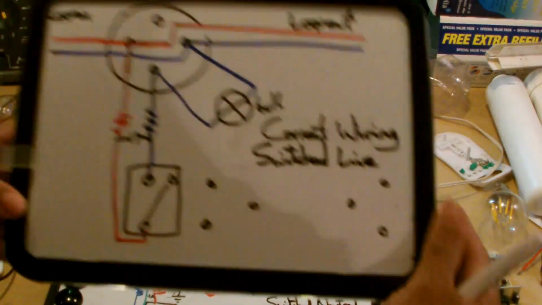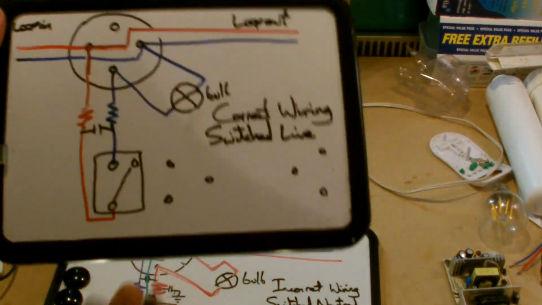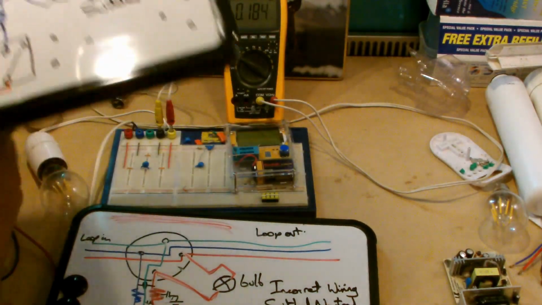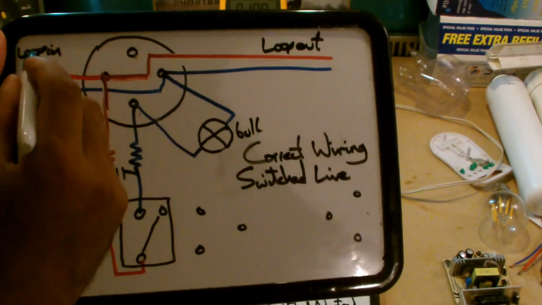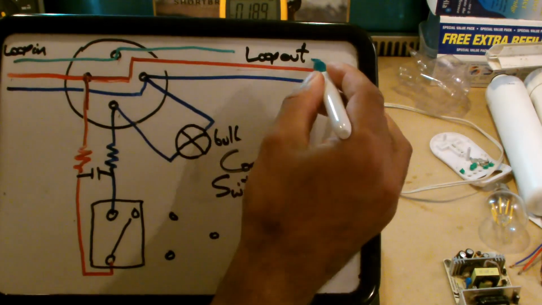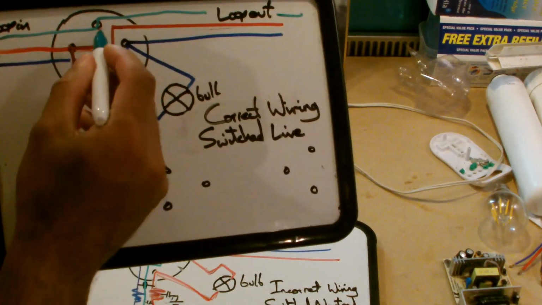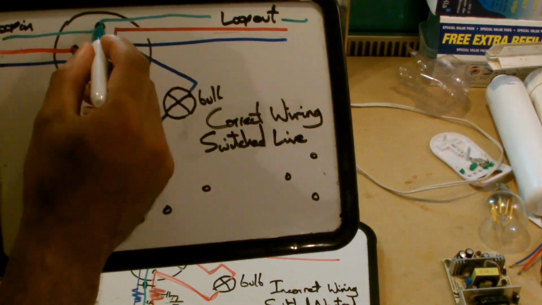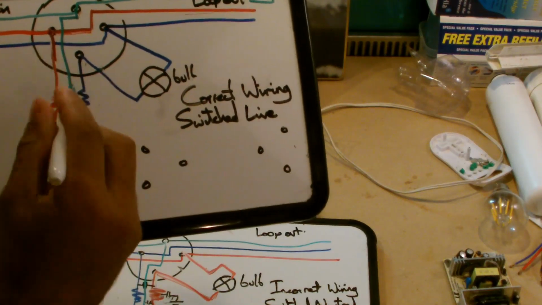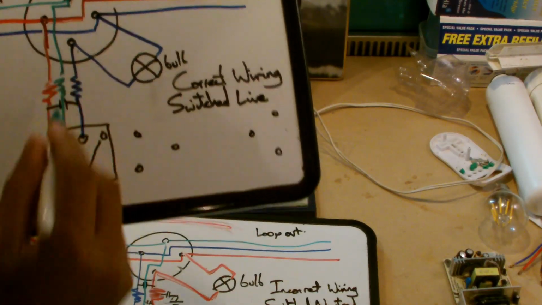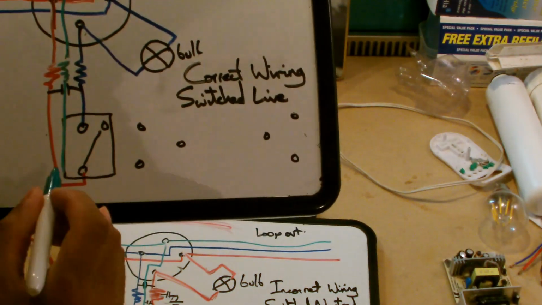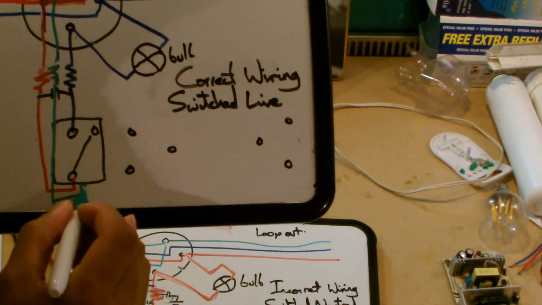In the case of the switched live, if I did the same thing again here and I drew my earth in like that, my loop in, loop out, and then I put my earth in here, and of course this is a long line, so I should draw a little concertina in there, and that goes to a terminal which you can use.